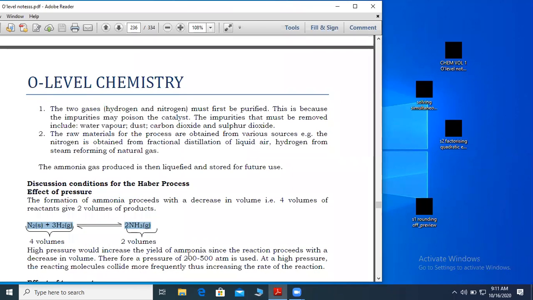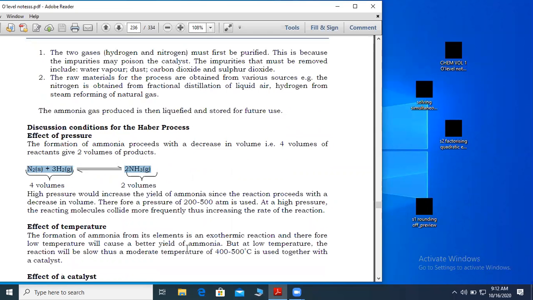High pressure, 200 to 500 atmospheres, and temperature, moderate or low temperatures between 400 to 500 degrees centigrade. But in some books, you are going to find there 400 to 450. They are all correct. Don't say, but in the book I saw this. So 400 to 450 is okay. Then pressure between 200 to 500 atmospheres is okay also.